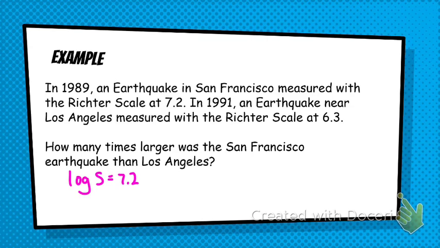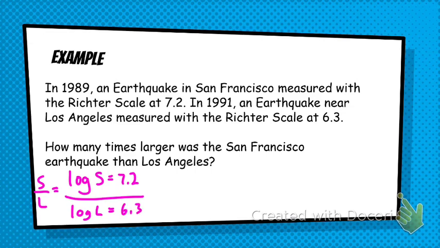I'm going to set this up as a proportion, San Francisco to LA, S to L. And I could do the same thing for my LA one. The LA earthquake on the Richter scale was 6.3.